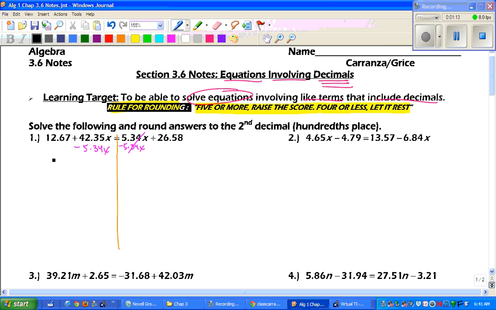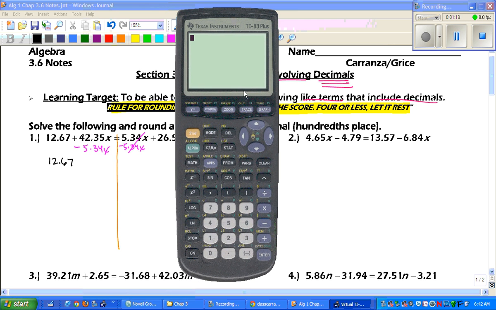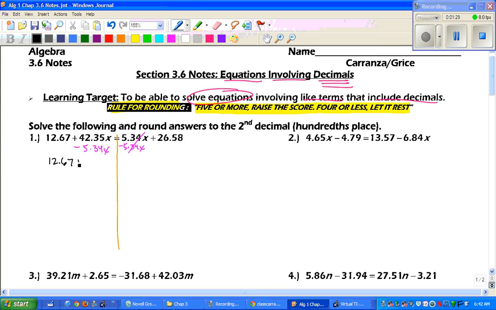Those cancel. We're left with 12.67. I'm getting my calculator out so I can do 42.35 minus 5.34, and we get 37.01x equals 26.58.